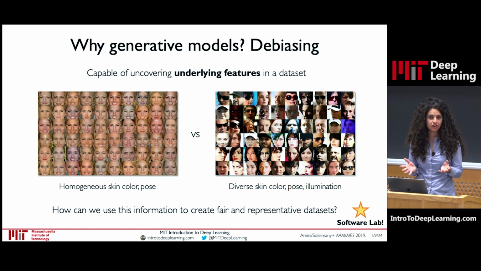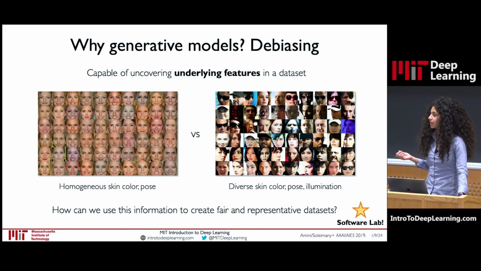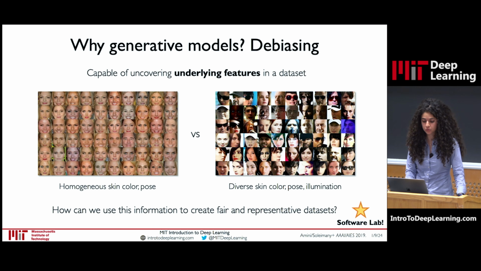And the concept here is that the model is only going to be as good as the data it sees, traditionally. But if we can use the information about what aspects of the data are more represented in the overall population, we could try to think about how we can create more fair and representative data sets based on these learned features. And this is something that you're going to get hands-on experience with in Lab 2 of the class.